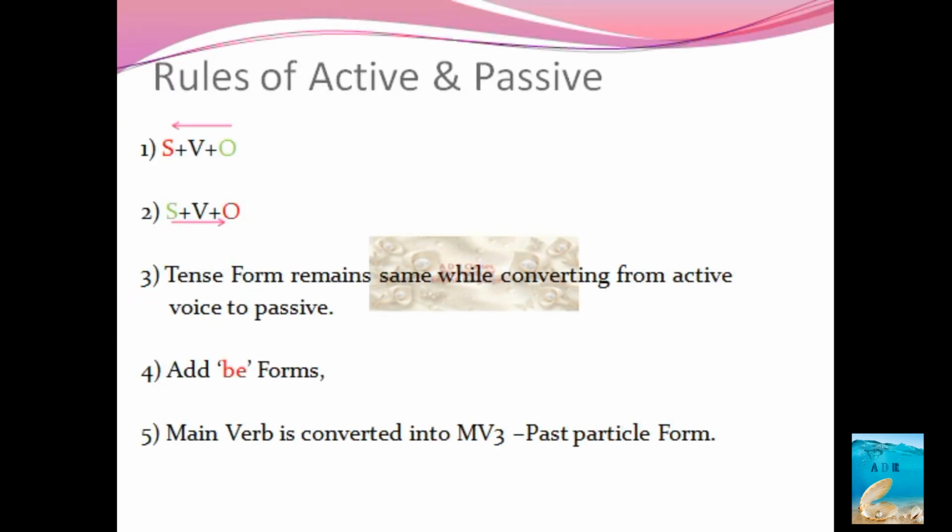See, I have written here the rules of active and passive. The first rule: in English, every sentence is in the format of subject plus verb plus object. It is the conventional form of the sentence.